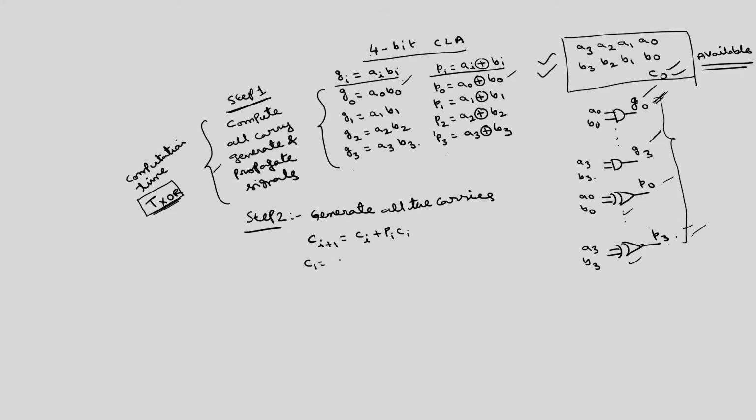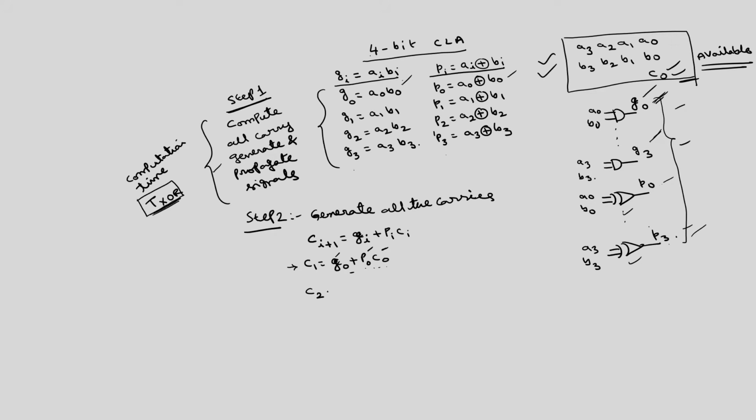Here i is 0, so G0 plus P0 C0. This G0, P0 are generated in the first step, and C0 is already available along with the A's and B's. So, I can generate this C1 after some time. The time taken to generate this C1 is one AND operation and one OR operation.